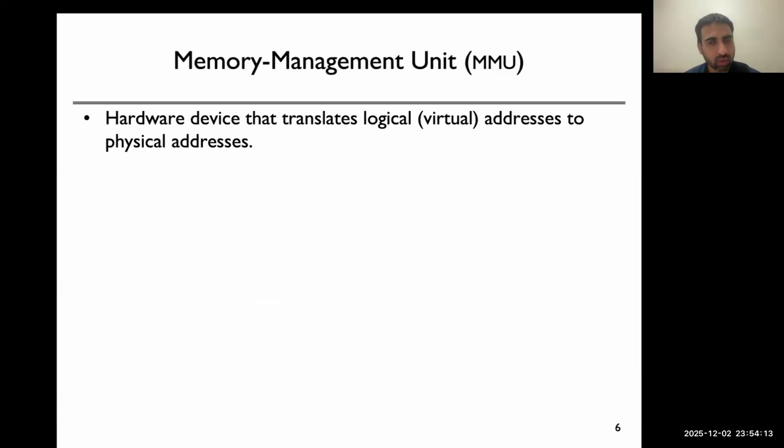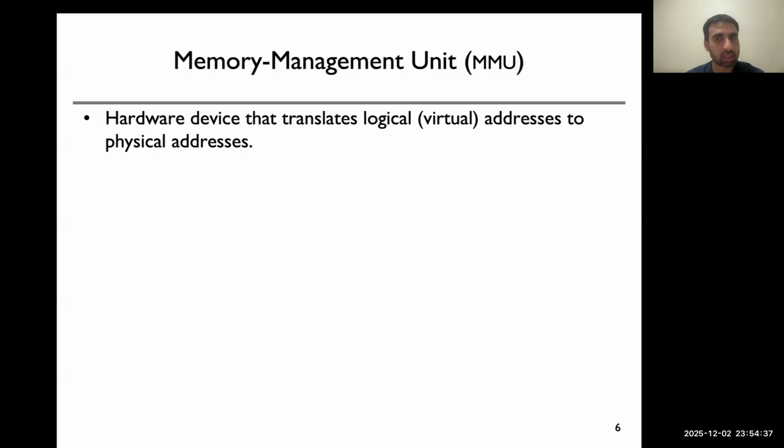So we have seen a simple example of translating the logical address into the physical address using base and limit registers. But in general, the hardware component which is responsible for doing the translation from logical address to the physical address is named the memory management unit.